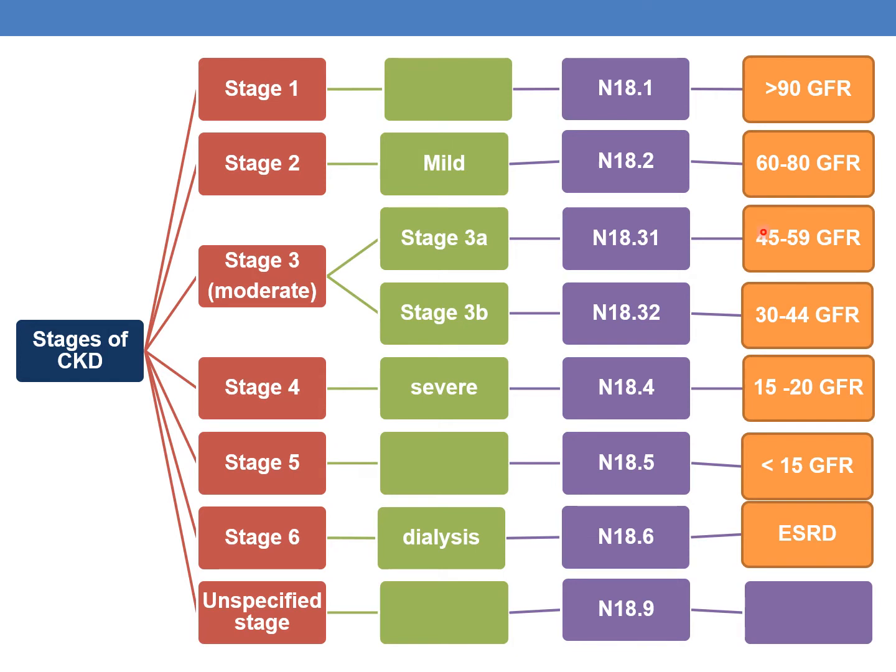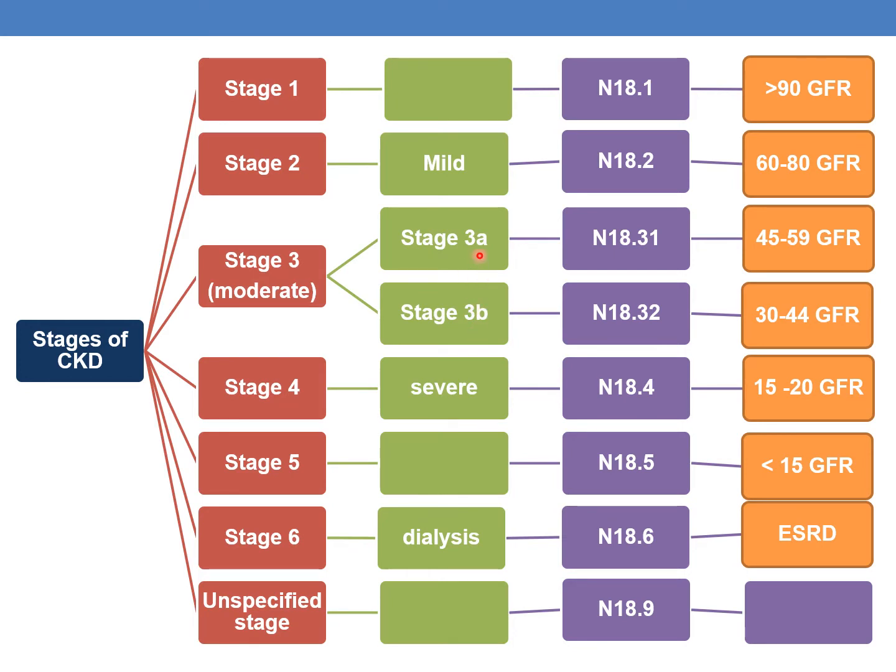Now coming to the various codes. For Stage 1, the code is N18.1. Stage 2 CKD is described by the code N18.2. Stage 3 is, as we know, subcategorized.